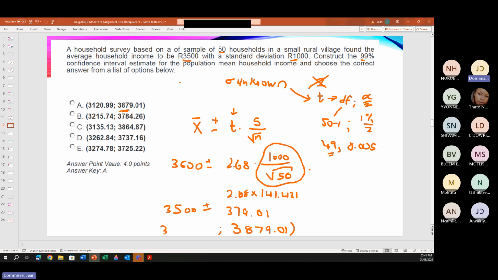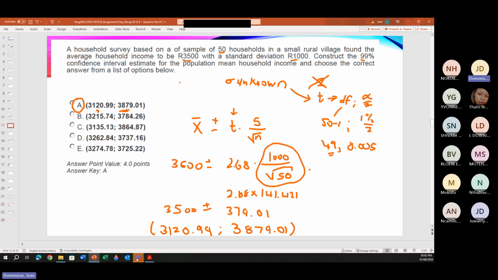We get 3120.99, which is also that number. So option A.